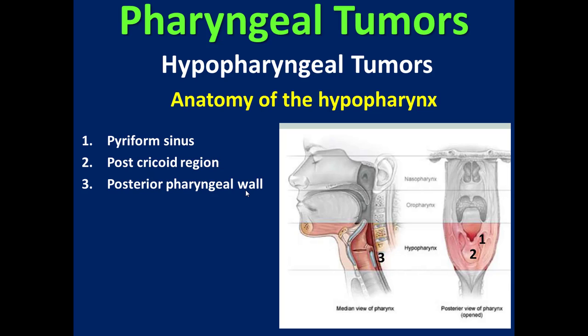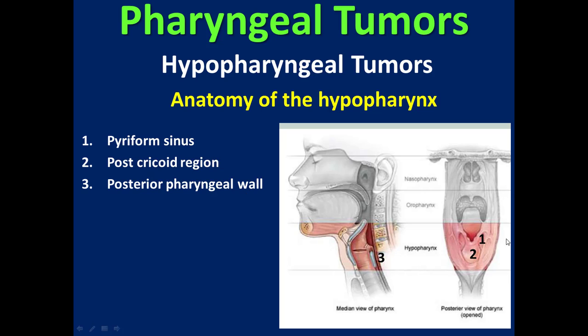If we look at the third part of the pharynx, it is the hypopharynx. The anatomy of the hypopharynx has three regions: piriform fossa, number 1, postcricoid, number 2, and the posterior pharyngeal wall, number 3.